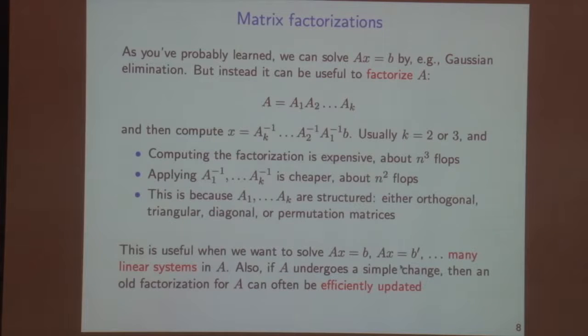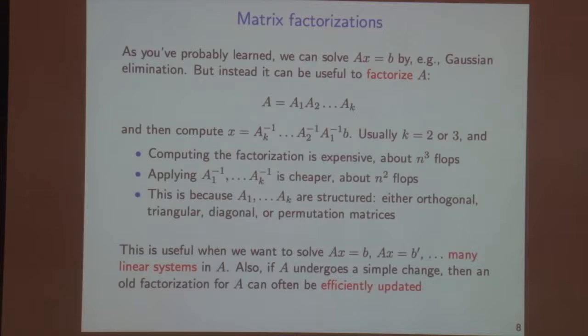Another reason that we like to use factorization methods is because often if A undergoes a simple change, like if I told you to solve the problem Ax equals b, and I asked you to solve A prime x equals b prime, where A prime was just a little bit different than A, then if you applied, say, Gaussian elimination or some generic technique, it would be about the same cost. But with a factorization method, we can often get the factorization for A prime from the one we got for A with a very simple update.